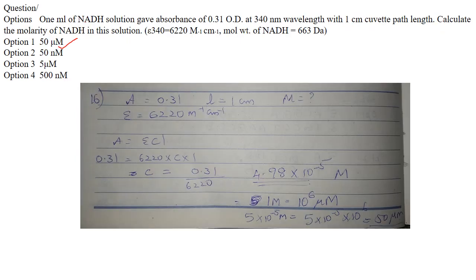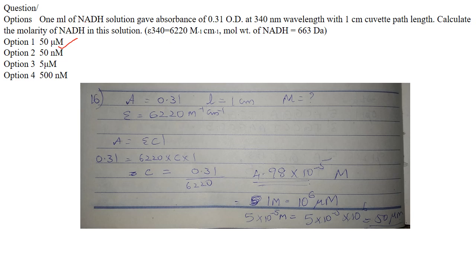Then 1 ml of NADH solution gave an absorbance of 0.31 at 340 nanometer wavelength with 1 centimeter cuvette path length. Calculate the molarity of NADH in this solution. So epsilon 340 is 6220 and molecular weight of NADH is 663 Daltons. So you know the formula, A is equal to epsilon c l.